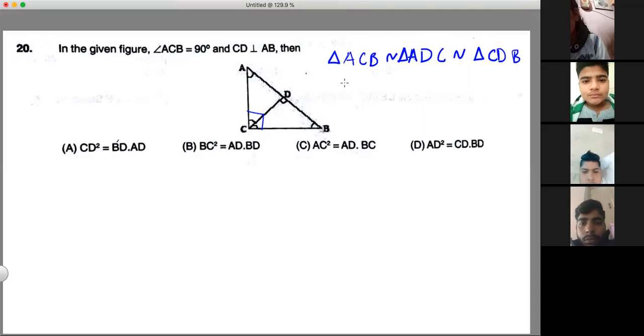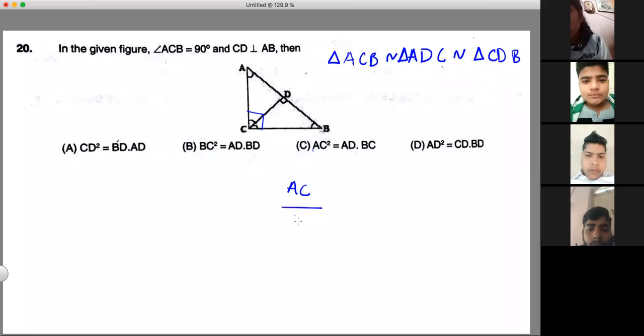Sorry? Sir, option C is correct. Option C. Let's see what AC. Now AC is in which triangle, right? AC is only in these two triangles. So AC by AD is corresponding.